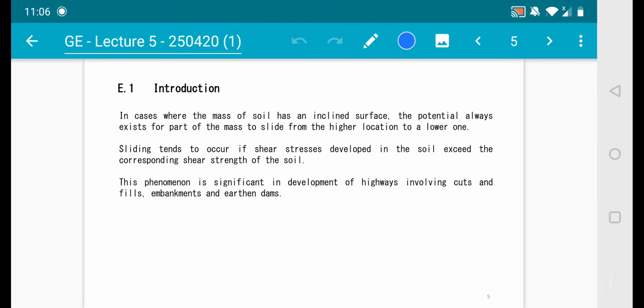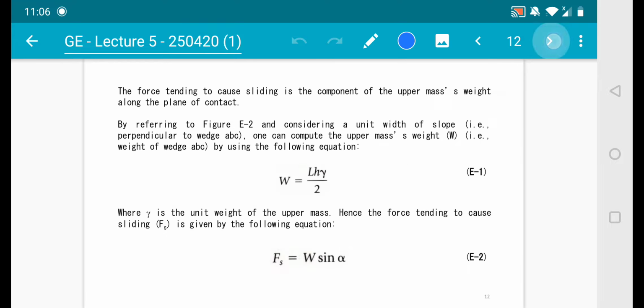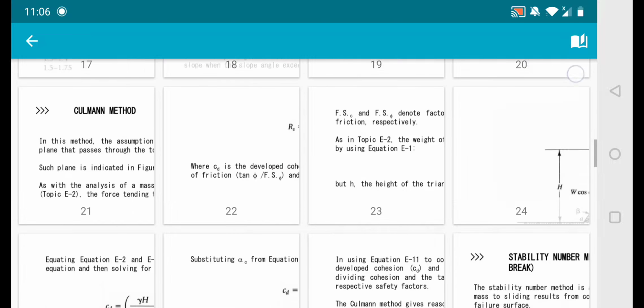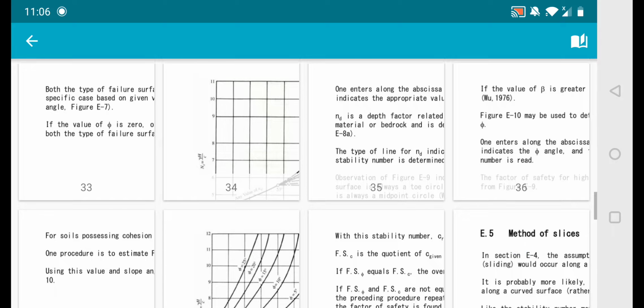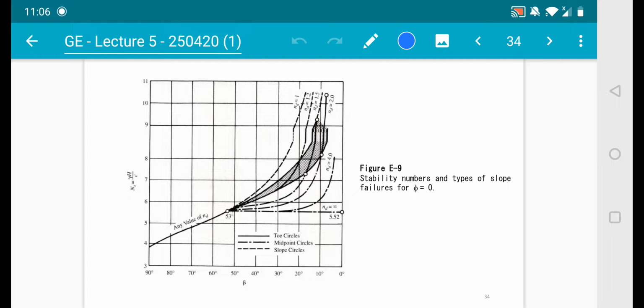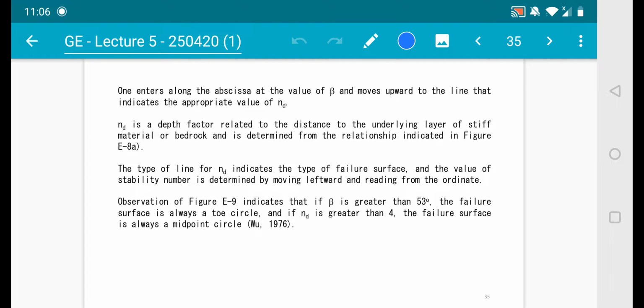Before we move on, thanks to Bing Feng, who highlighted a mistake in the previous lecture, on page 34. There is a statement that I said wrongly. The observation of figure E9 indicates that if beta is greater than 53 degrees, the failure surface is always a toe circle.